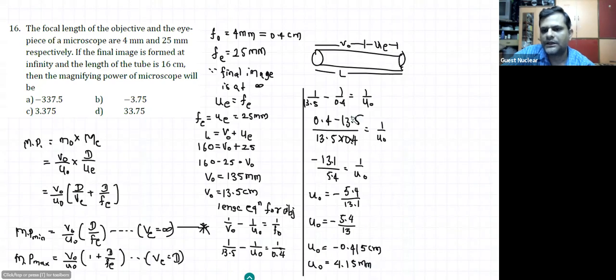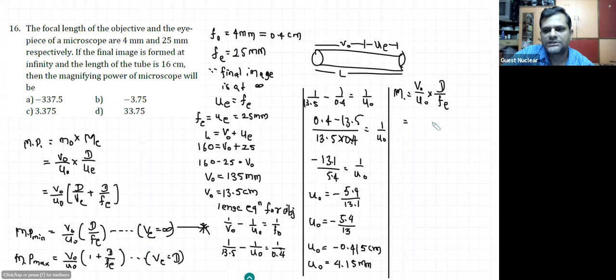Okay, and then we will be able to find out the magnifying power. So magnifying power in this case will be VO upon UO into the formula that we have to use, so it will be D upon FE directly.